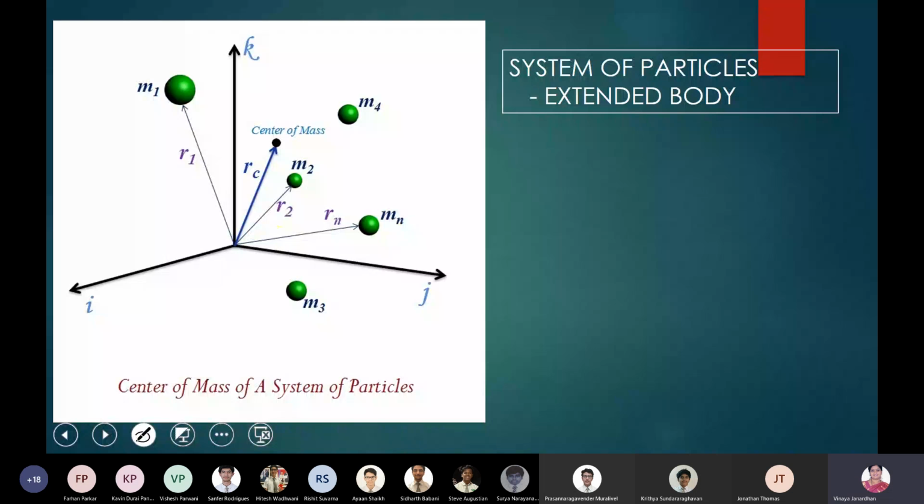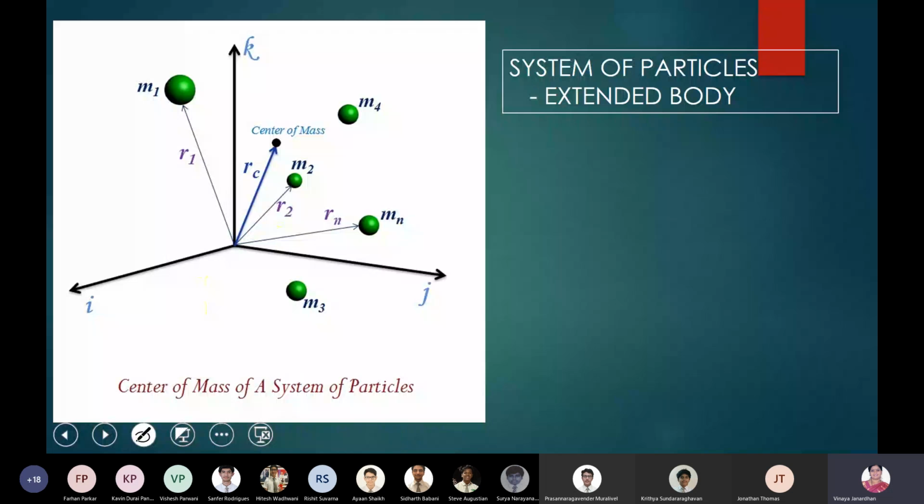From the origin, you have a particle of mass m1 located at a distance of r1 from the origin. Then you have another particle of mass m2 located at a distance of r2 from the origin.